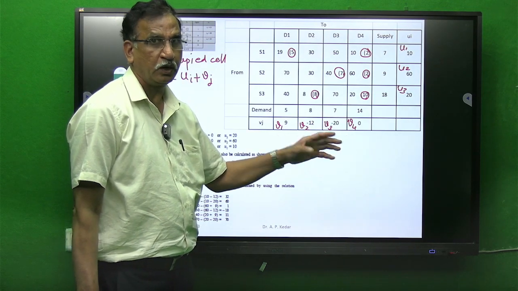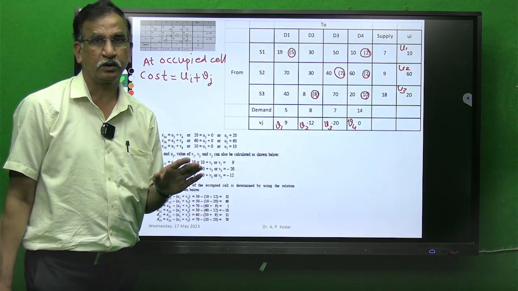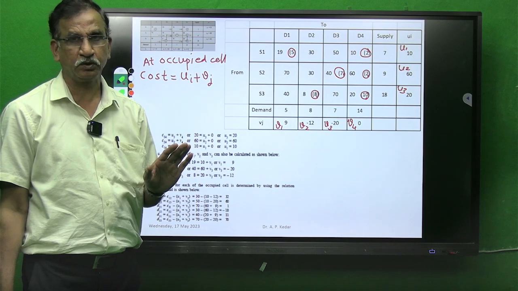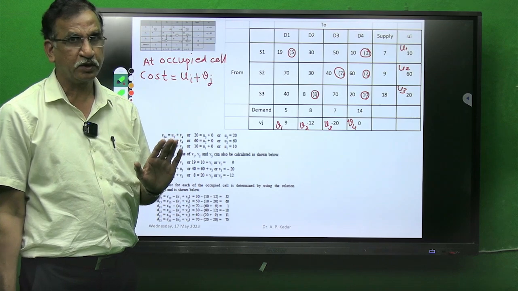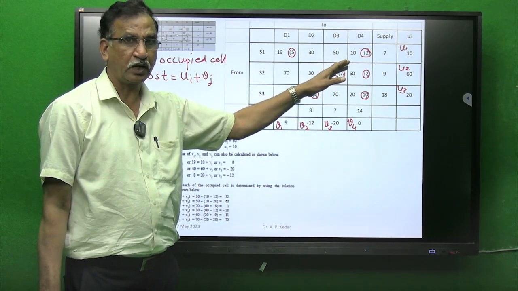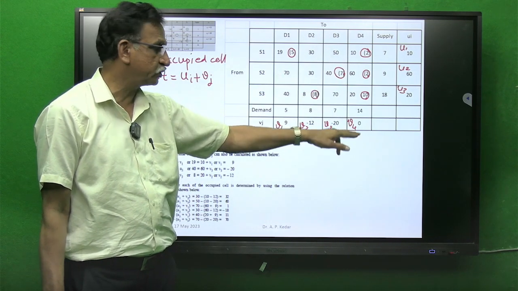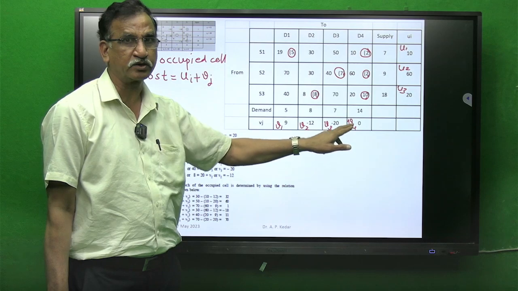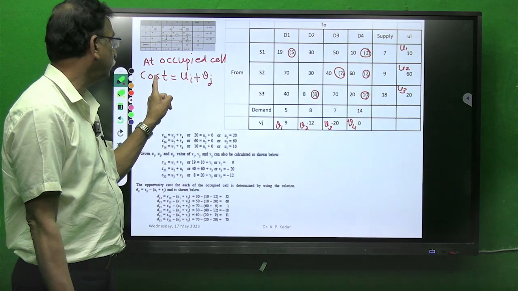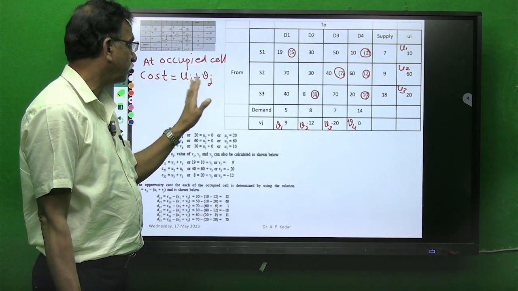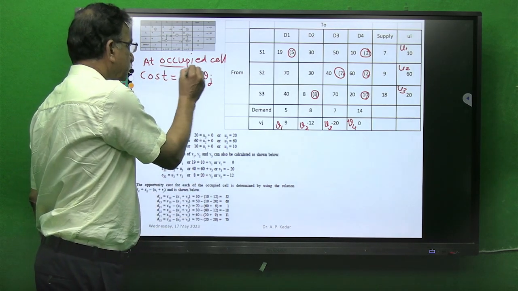I explained that you can take any u or v equal to 0 in the beginning, but select that particular row or column which has the maximum allocations. Since this column has a maximum of 3 allocations, we equated v4 equal to 0, and we evaluated the values of ui and vj by the cost for occupied cells.